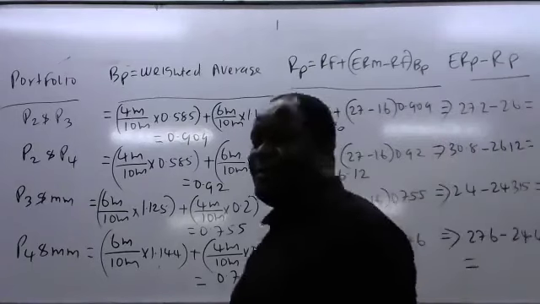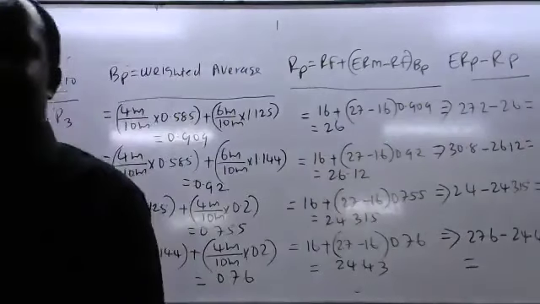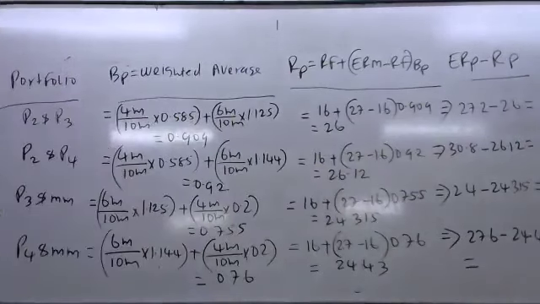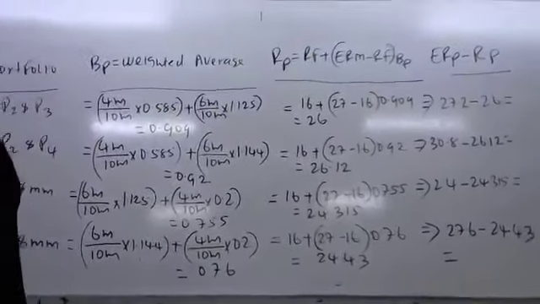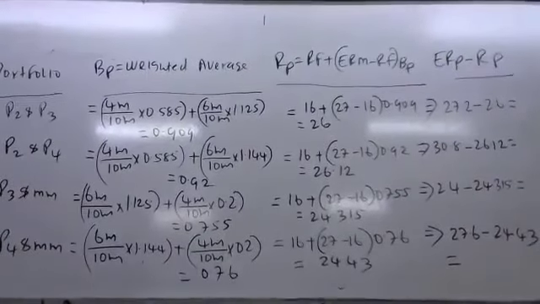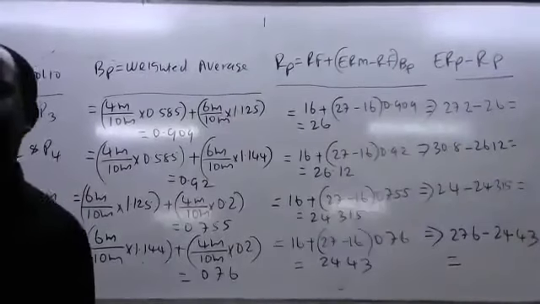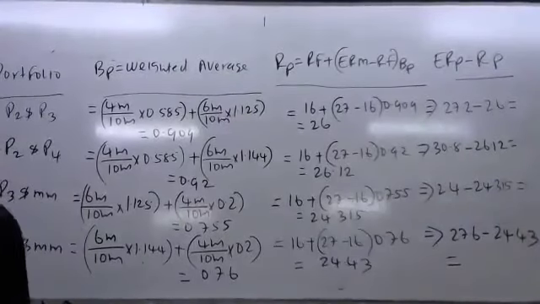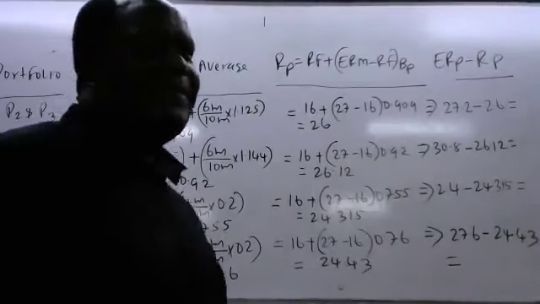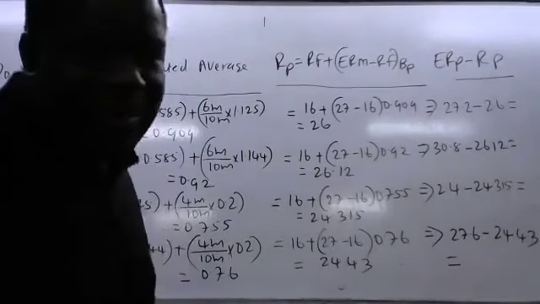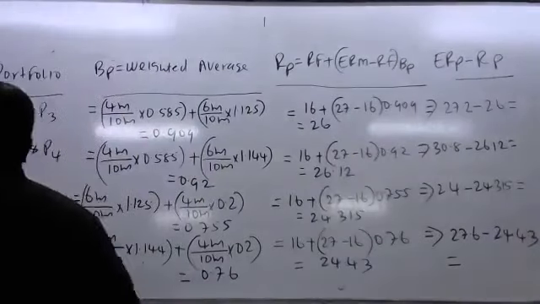So now you compare all of them. Which one has the highest excess returns? So we want now to select the one with the highest excess returns. Which combination has the highest difference? Project 2 and 4.